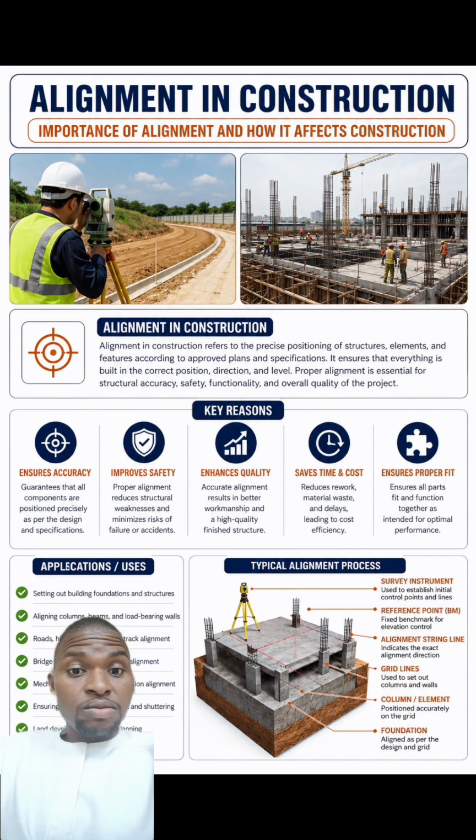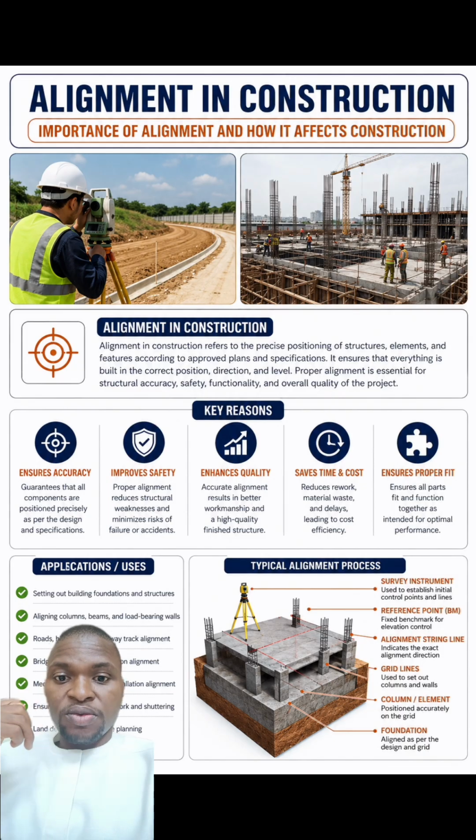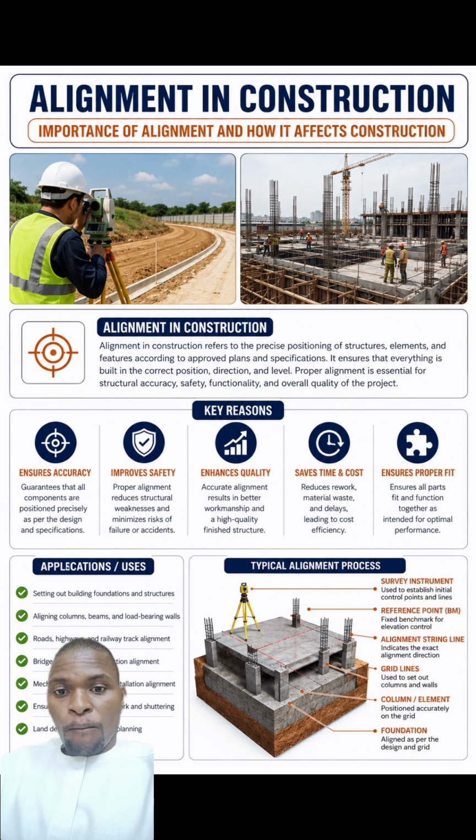The essence of using your leveling instrument is actually to get the right level. You understand? You want to check your foundation height. What level are you going to place your DPC, right? You want to do your roofing. What is going to be the level of your headroom?